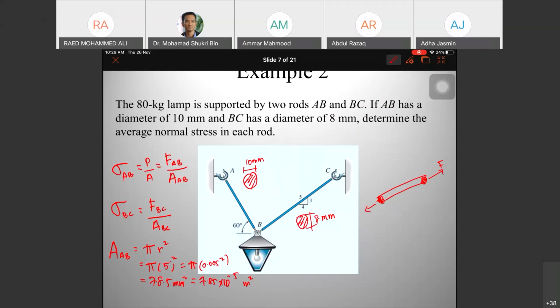So better you use these units. It's less headache for you to use your calculator. But remember, Newton over mm squared is megapascal.